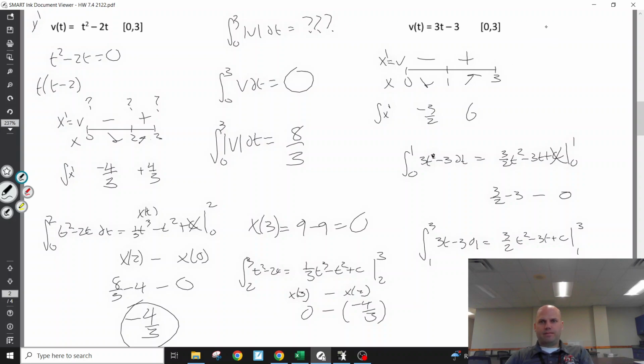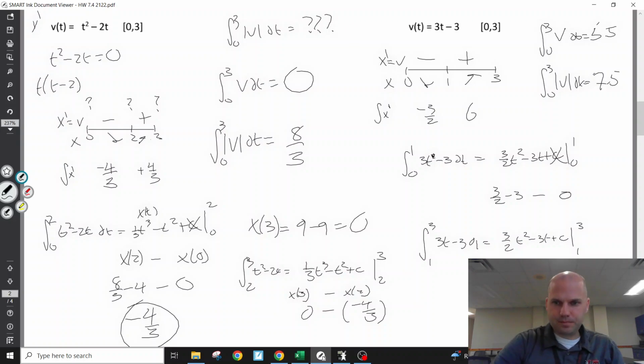So displacement is 6 plus 1.5, so 7.5, so 12, 13, 14. Sorry, that's distance. Displacement will be 6 minus 1.5, so 5.5. This will be 7.5.